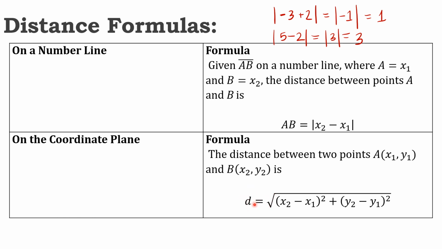They're using lowercase d to represent the distance. The distance is equal to the square root of x2 minus x1 squared plus y2 minus y1 squared.